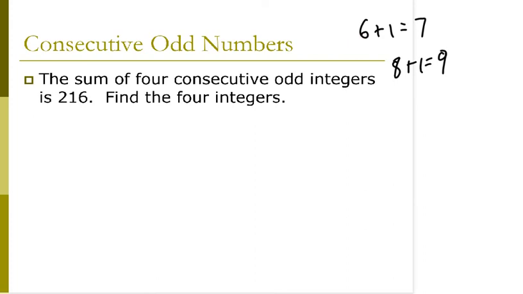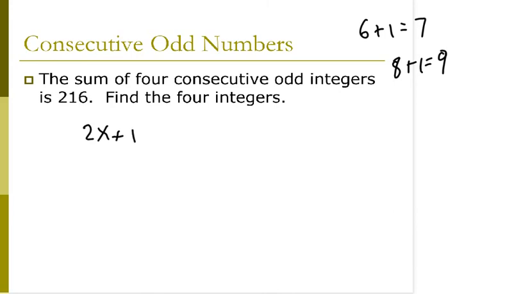So if we express some integer, 2x has to be an even integer, because no matter what I put for x, I'm going to end up with an even number. If I put a 1, 2 times 1 is 2, that's an even number. If I put a 9, 2 times 9 is 18, that's an even number. To make it odd, I have to add 1. So 2x plus 1 is just some odd number.